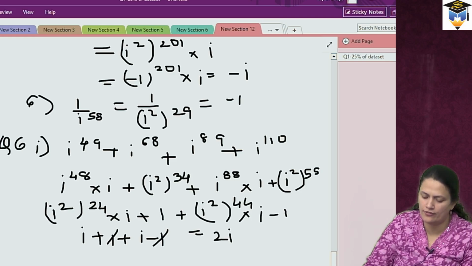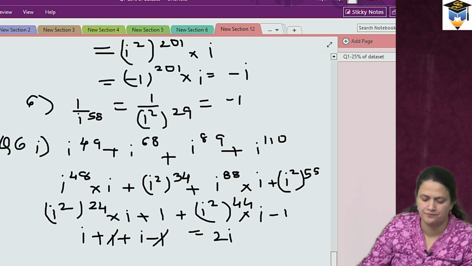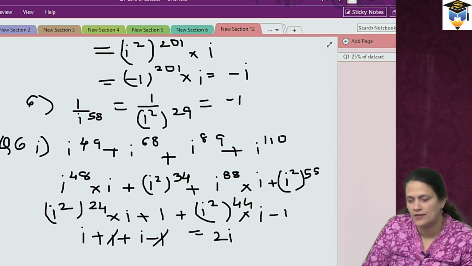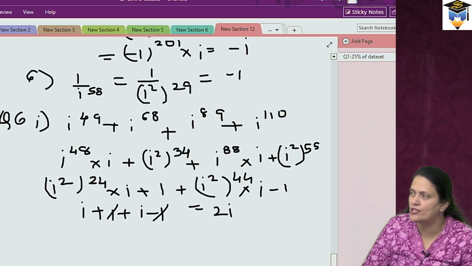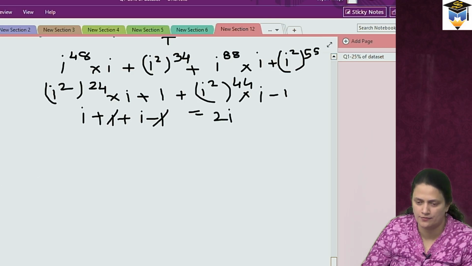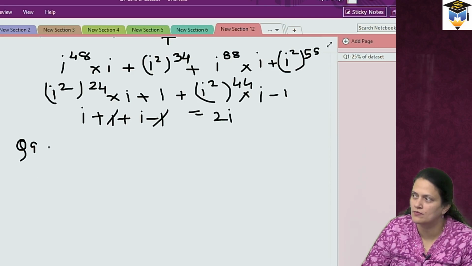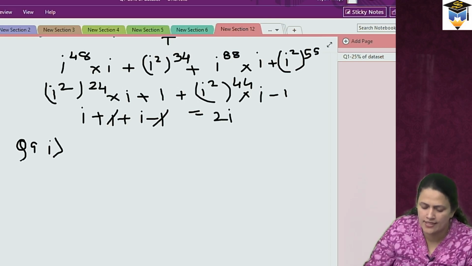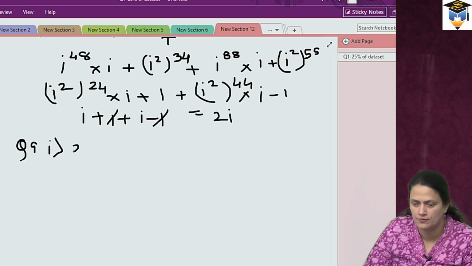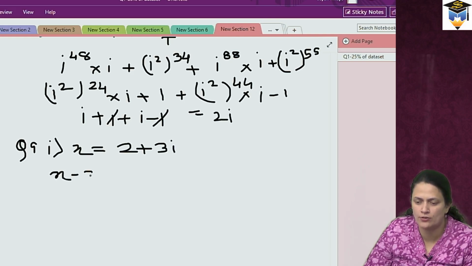Now let us solve question number 9, the first one. Now they have given us x is equal to 2 plus 3i. So what I am going to do, x minus 2 is equal to 3i, squaring both sides.